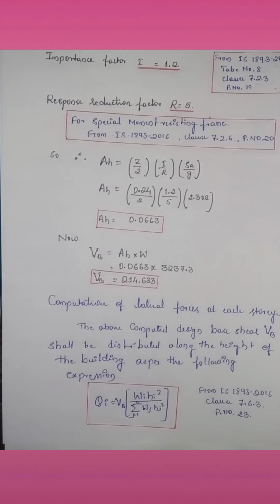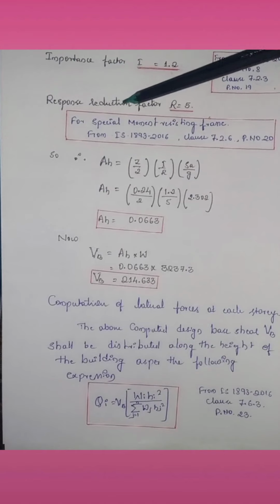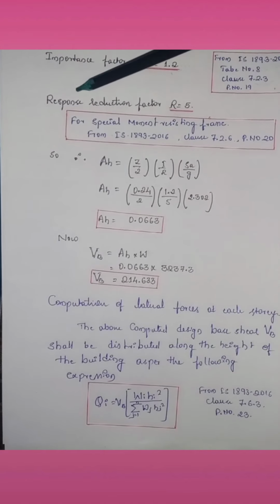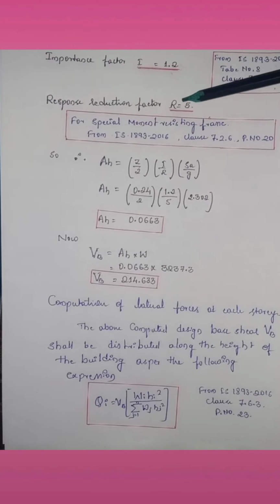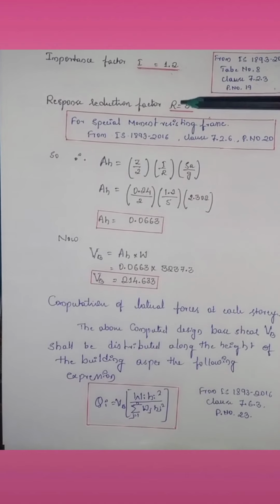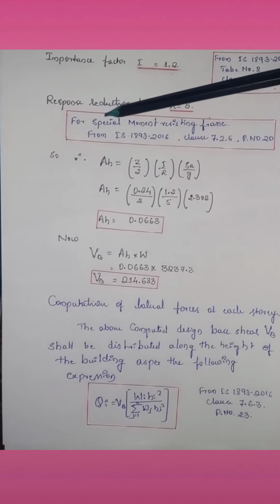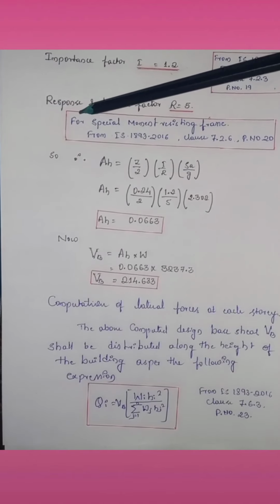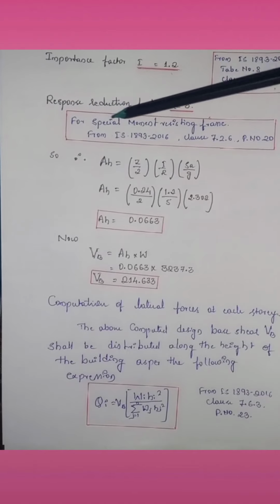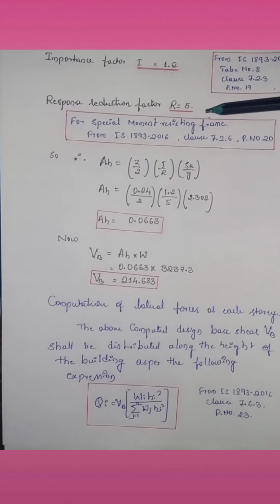And next comes the response reduction factor. I have shown you in the introduction of IS 1893 2016 how to take the response reduction factor. There is a table for it. They have mentioned in the problem that it is a special moment resisting frame.